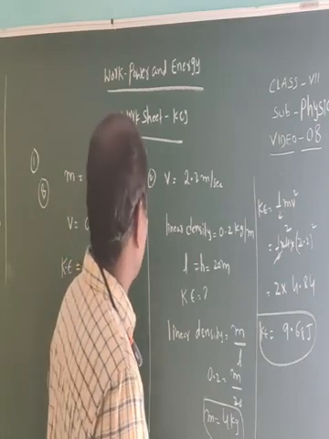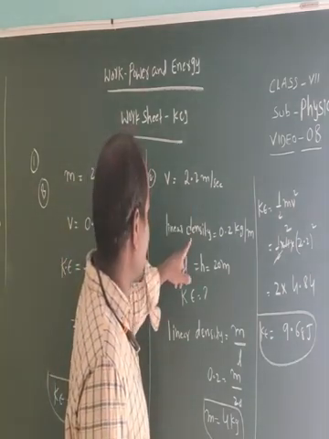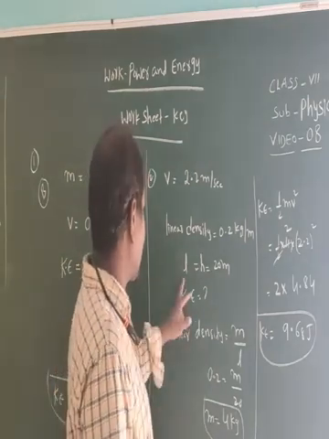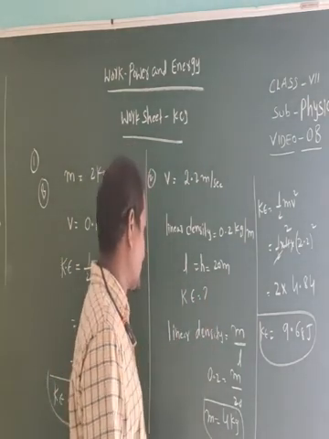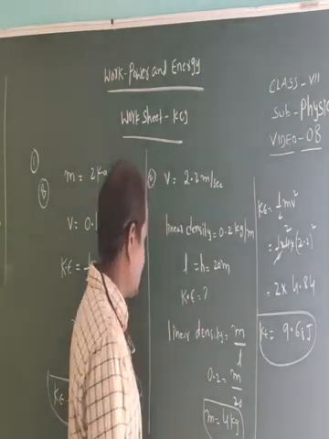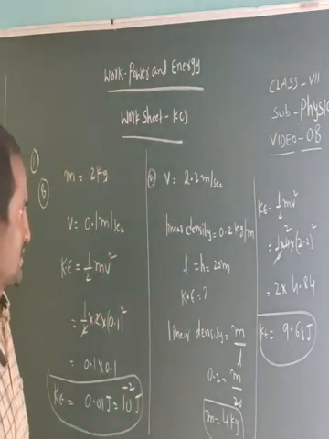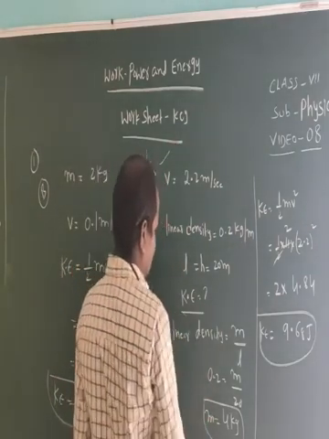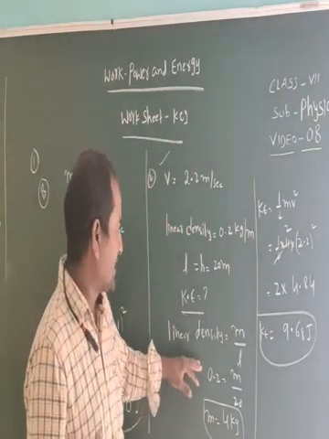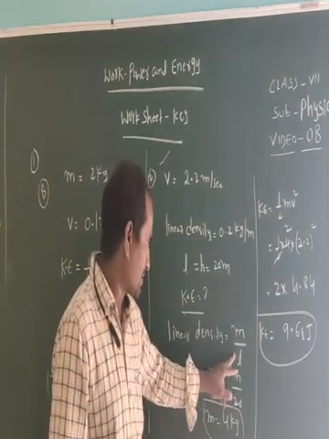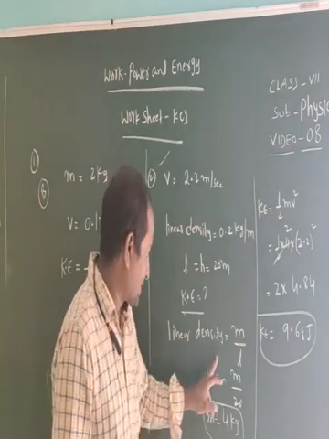So v equal to 2.2 meter per second, linear density equal to 0.2 kg per meter, and the length or height equal to 20 meters. Then find the kinetic energy. To find the kinetic energy, we require mass and velocity. Velocity is given, and mass we can find from the linear density. So linear density equal to mass by length, so mass equal to linear density into length.